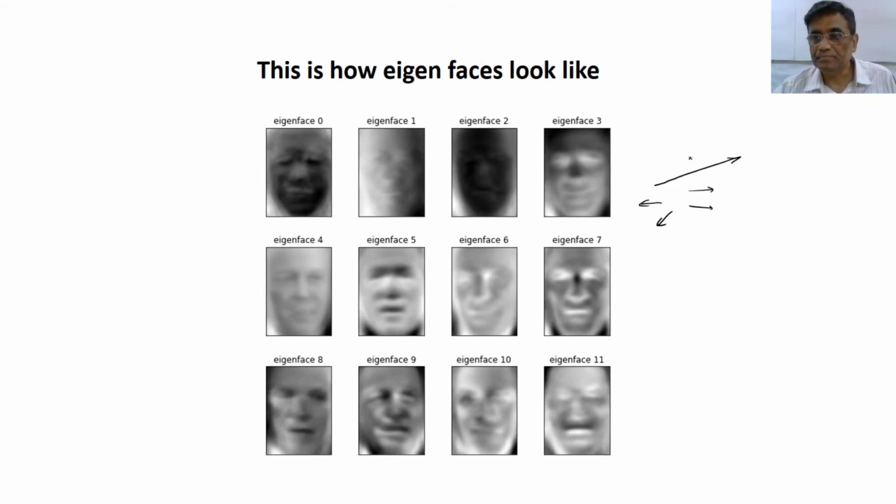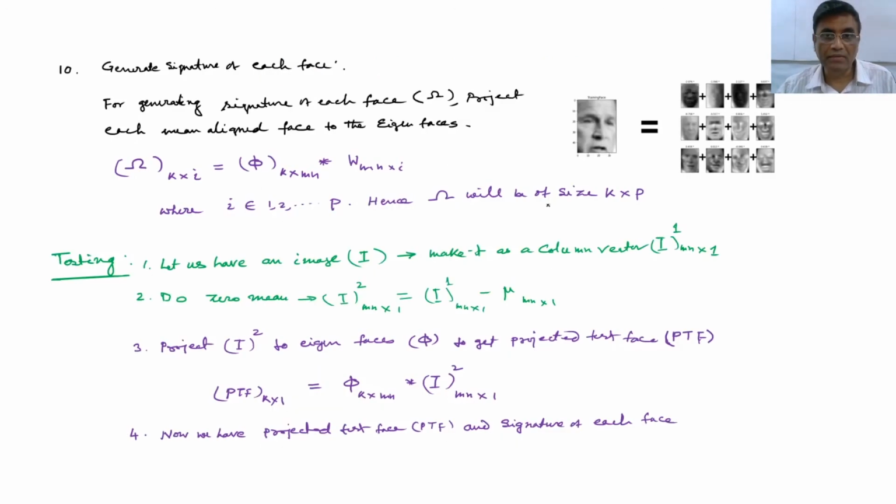Projection means, say this is the v1 vector, we take the dot product of v with v1 so that we get the coefficients, the values which show in which direction the vector has more importance. So these are eigenfaces. They look very meaningless to us, but they are very meaningful for the computer to tell the story.